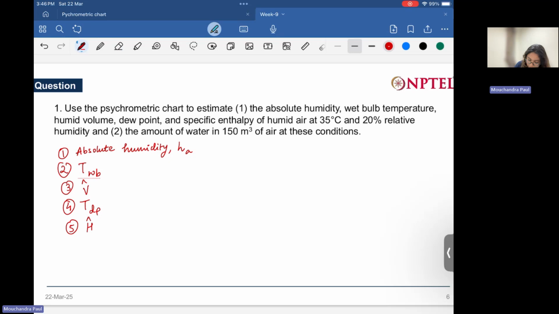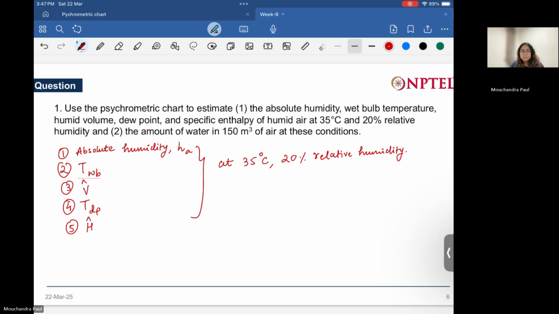At 35 degrees Celsius and 20% relative humidity. This is the condition at which we have to find these values.